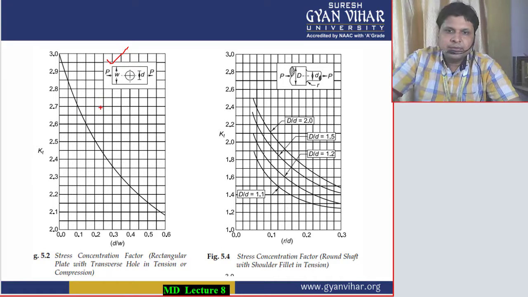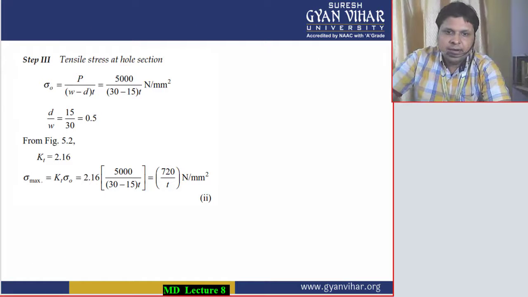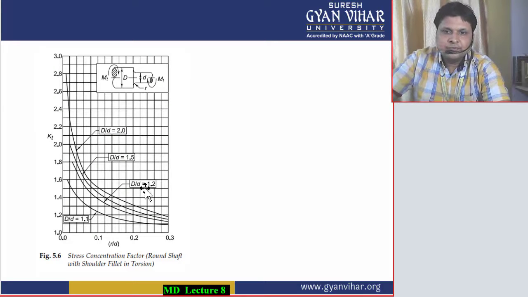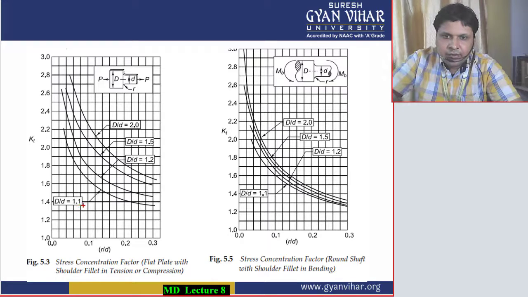Now in this, first of all, you should know the d by w value. In the question, d by w is how much? 0.5. So the curve related to the 0.5 value is which one? See here, this is 1.1 to 1.5.